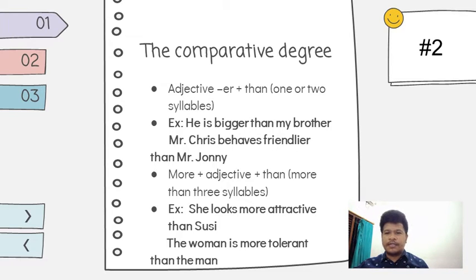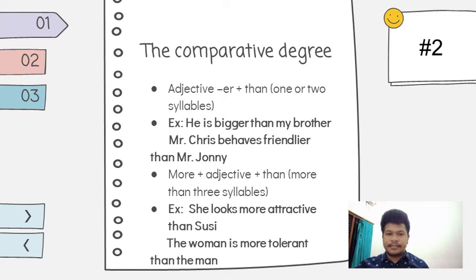As we know, big only has one syllable. And also, Mr. Chris behaves friendlier than Mr. Johnny. And for the adjective words or adverb words that have more than three syllables, we use more plus adjective plus than.